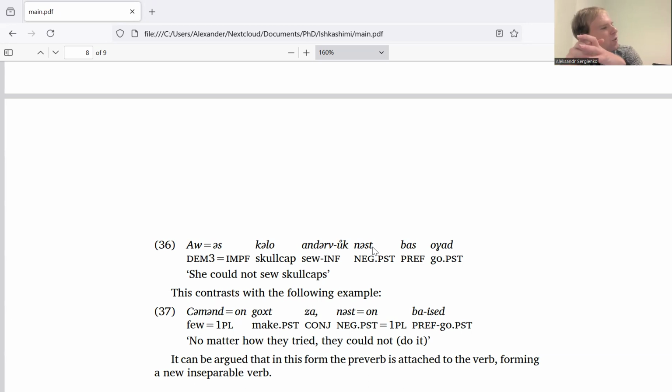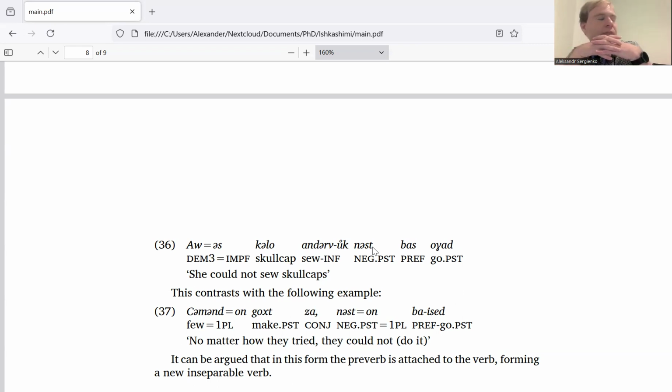So it really shows you the process of grammaticalization going on before your eyes, right? So you have something like a combination of a prefix and the verb, which allows different orders with respect to negation, as in 35, 36. And you have a new kind of verb which like has ba deeply attached to isid.